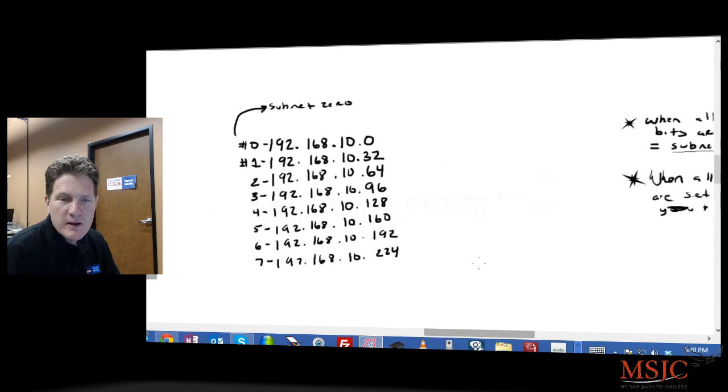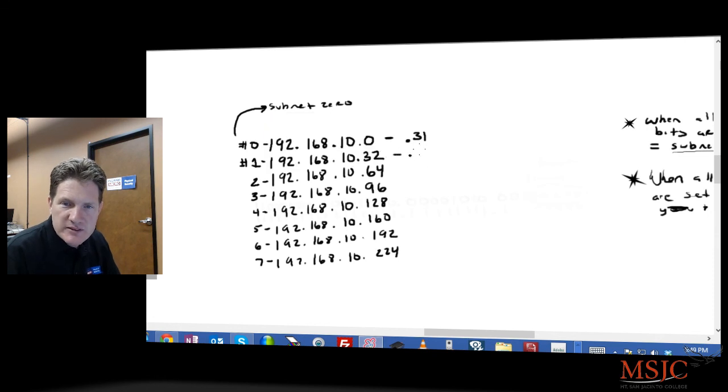The quick way to figure that out is the broadcast ID is always one less than the next network ID. So in this case, the broadcast ID is going to be 31 because it's one less than 32.